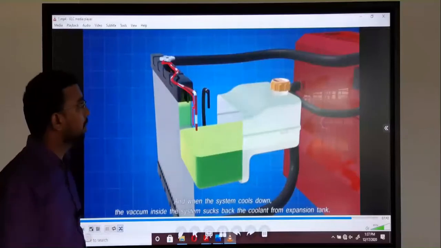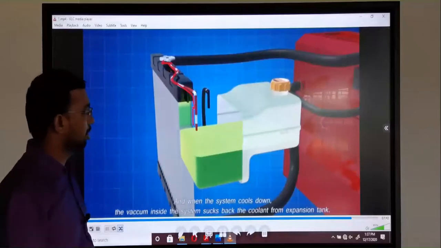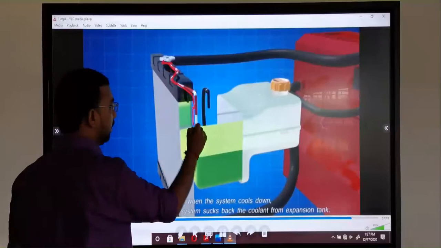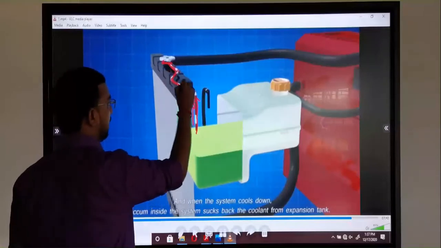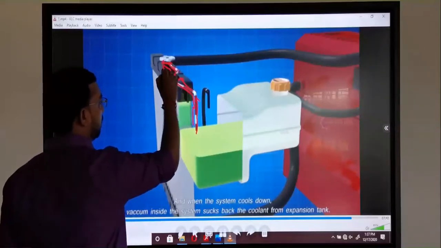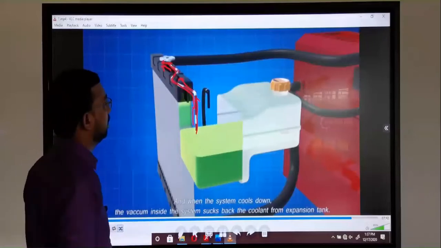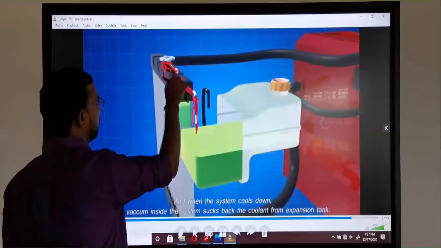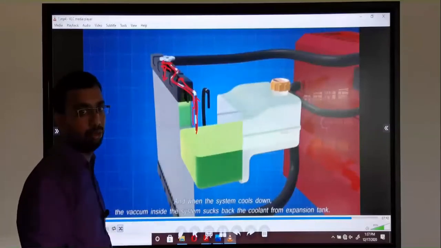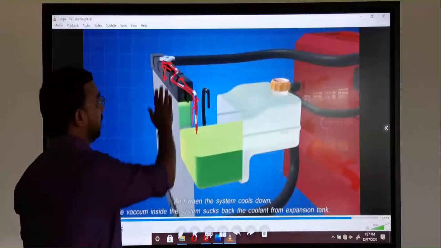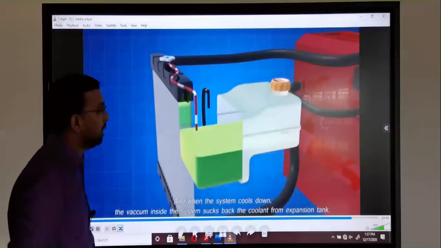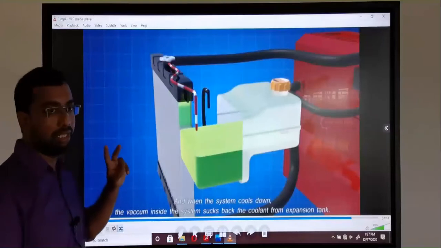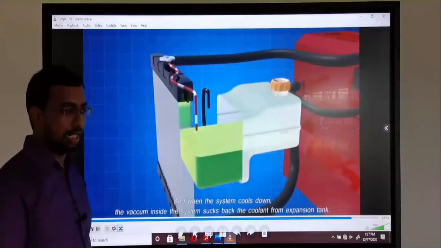Because of the vacuum, the coolant flows through this direction and goes to the upper tank, and is used for engine cooling. How does the pressure cap achieve the two operations?